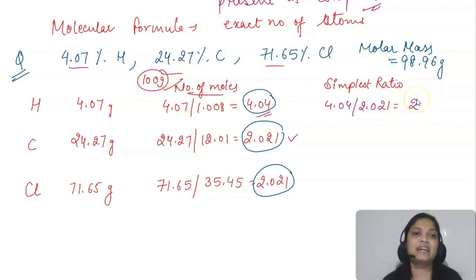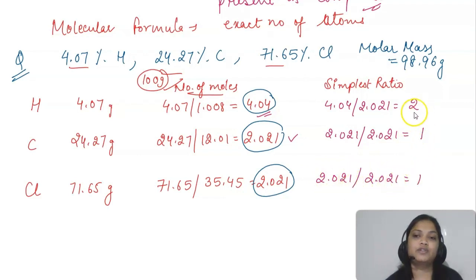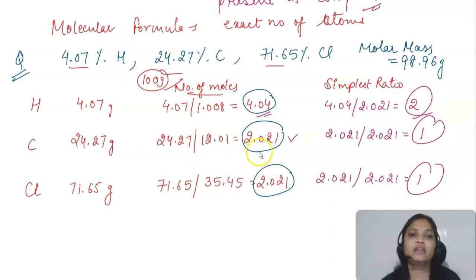I am taking the rounded off value. If it comes in decimal, no issues, just round it off to the nearest whole number. Then I'll divide the other value by the smallest value, which is 2.021 itself, and the last one as well. This gives me the simplest ratio of these elements.